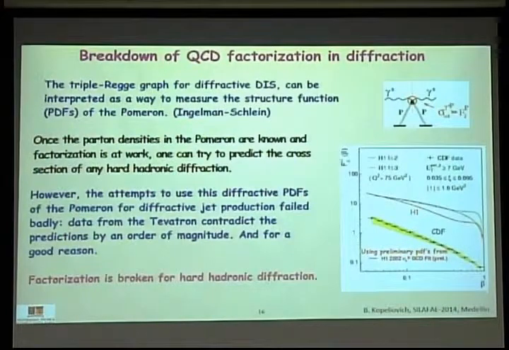Then there was a lot of activity about the hypothesis made by Ingelman and Schlein, who looked at the triple Regge interpretation of the diffractive process, which looks like this. You have diffraction via Pomeron exchange. So when you square this diffractive amplitude, you get this cross-section.